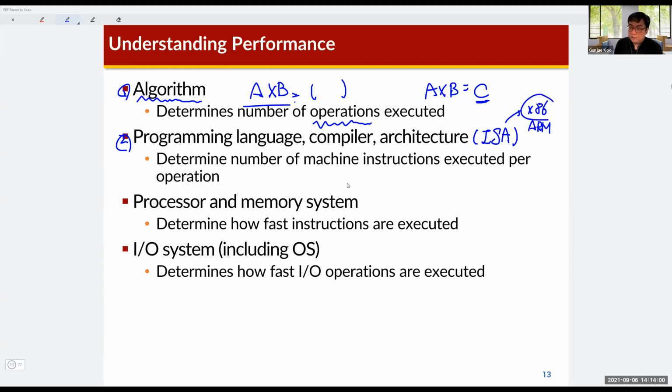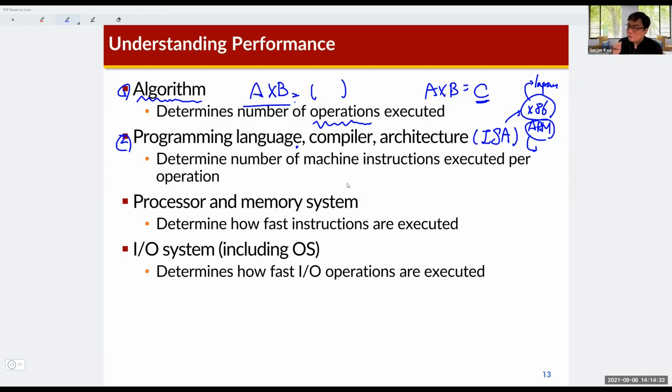x86 architectures are frequently used for our personal computer systems or server computers, like laptops. And ARM architectures are frequently used for smartphones or mobile computer systems, okay? So what is the programming language? Such as C or Python. Which language is faster?